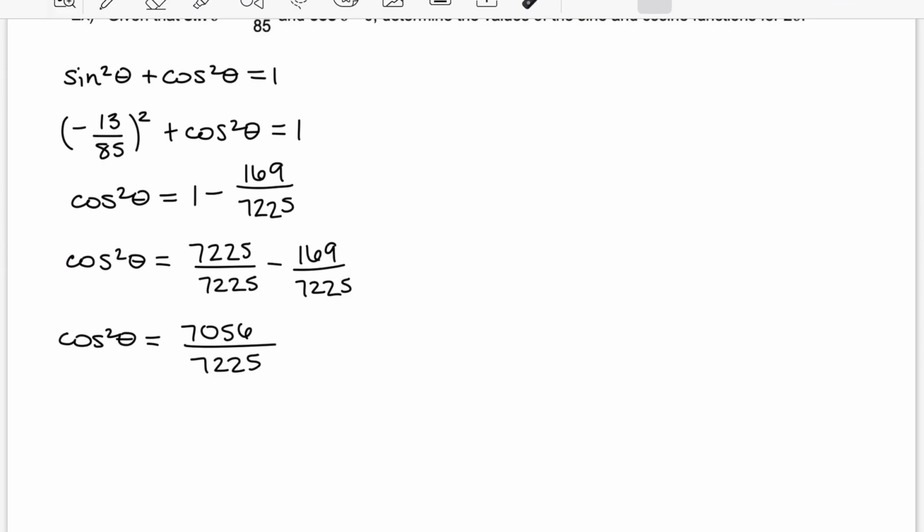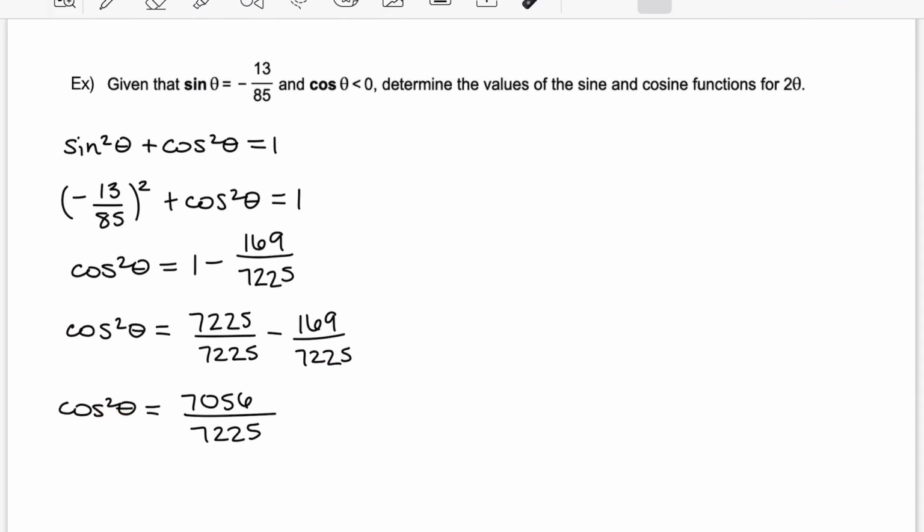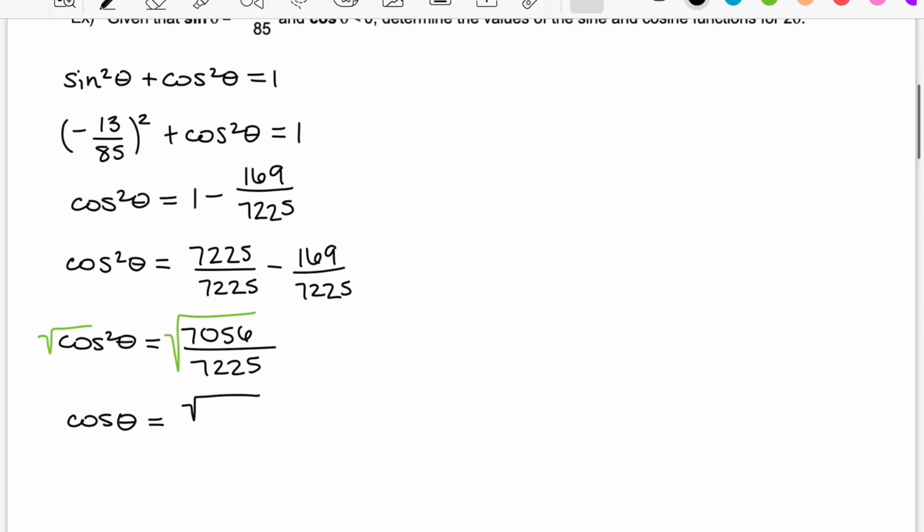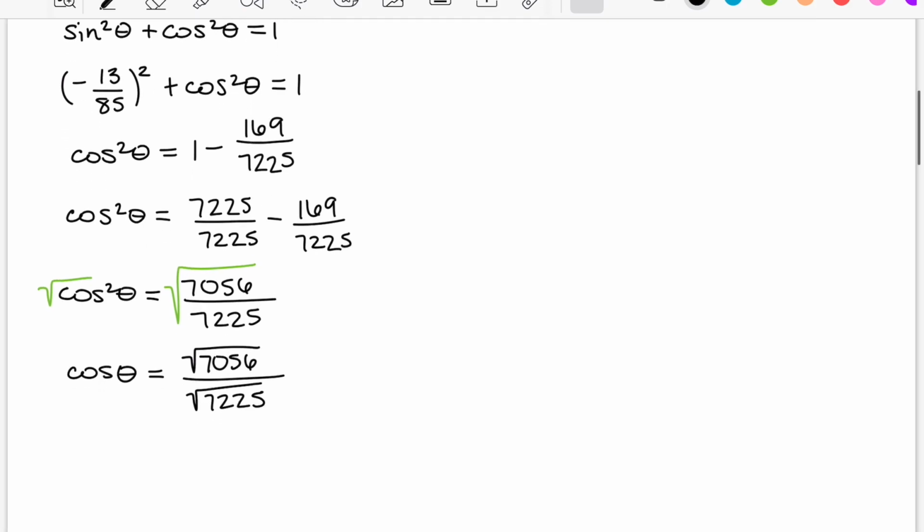Now, what we want, remember, is we just want cosine theta. So what we'll do is we'll square root both sides of our equation, and we'll get cosine theta by itself. Now, to square root these, we can look at the square root of the numerator over the square root of our denominator. Remember, since we're taking the square root, this will give us plus or minus.